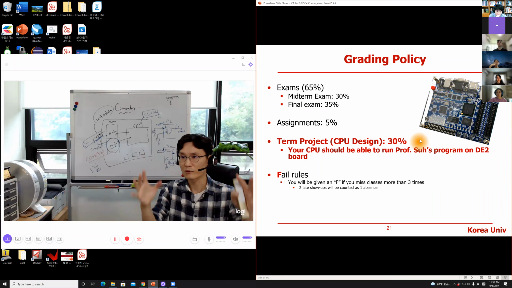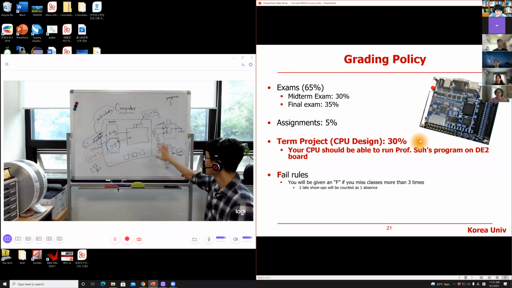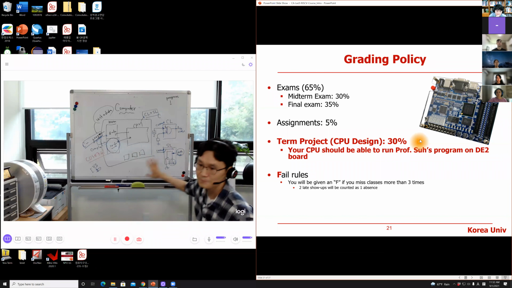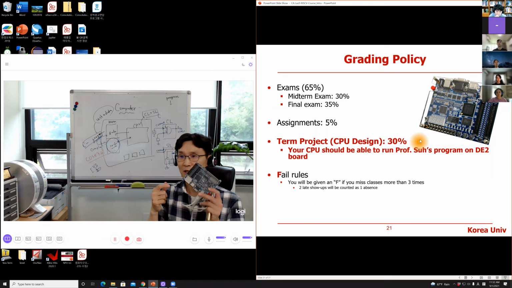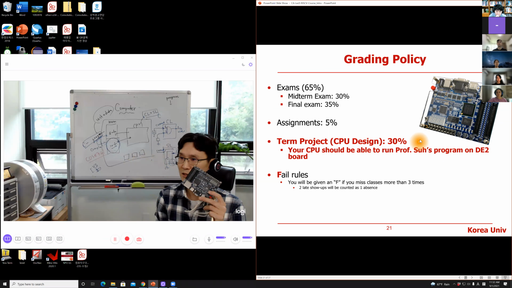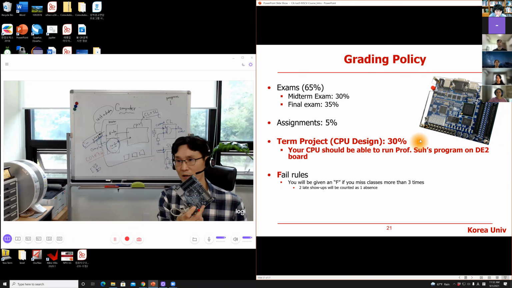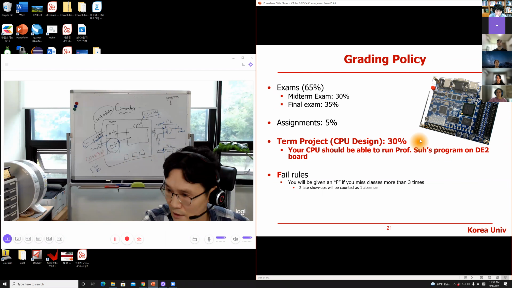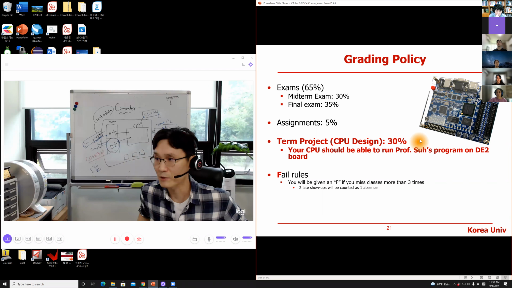Then some computer tool will translate that description into logic gates. Then after that you can download your design into this hardware component. I'm going to distribute this board to you after the midterm exam, not now.